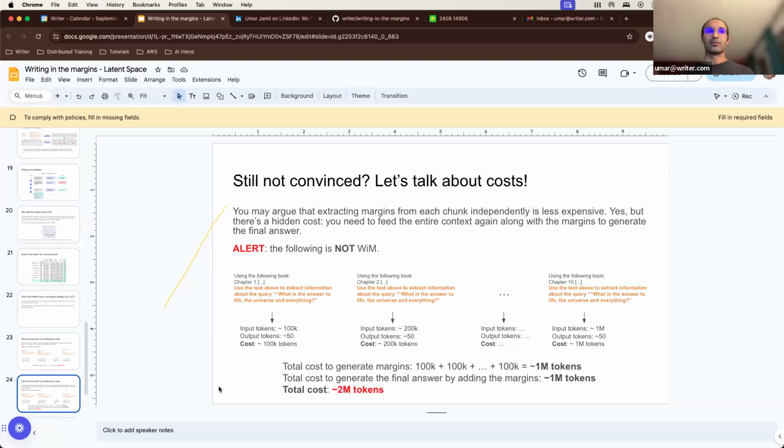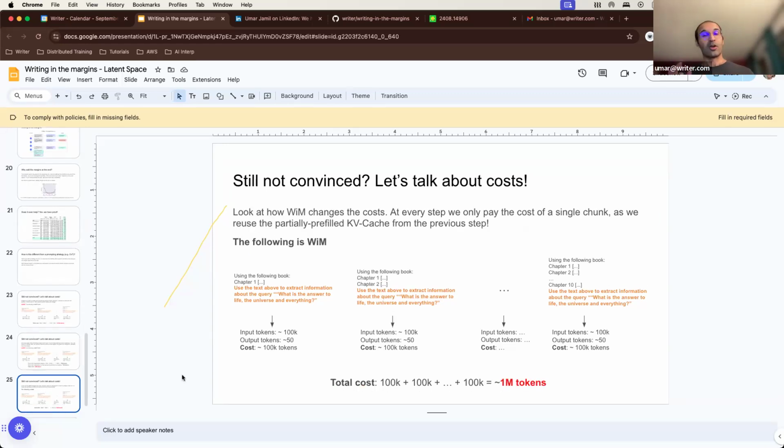So it would cost you 2 million tokens, but with writing in the margins, it would cost you, for a 1 million token prompt, more or less 1 million tokens, because you don't have to re-prefill the entire context, because you have already prefilled it.